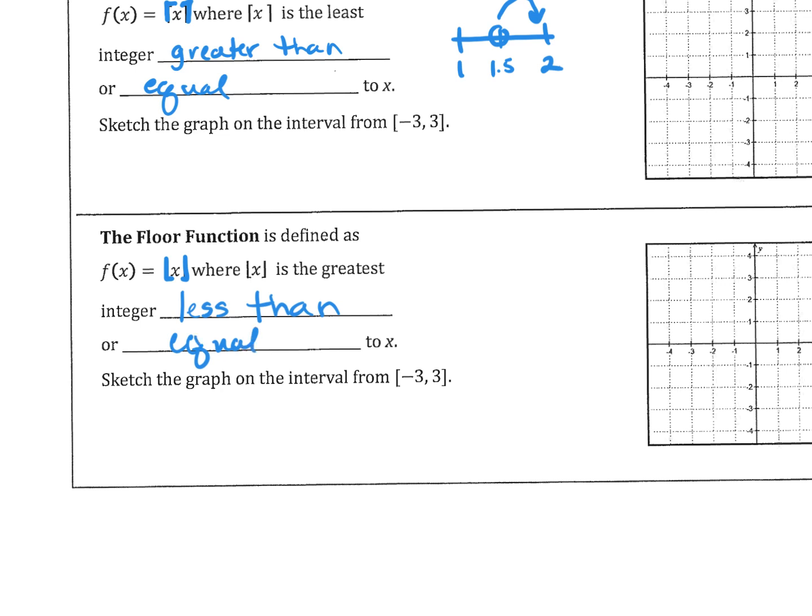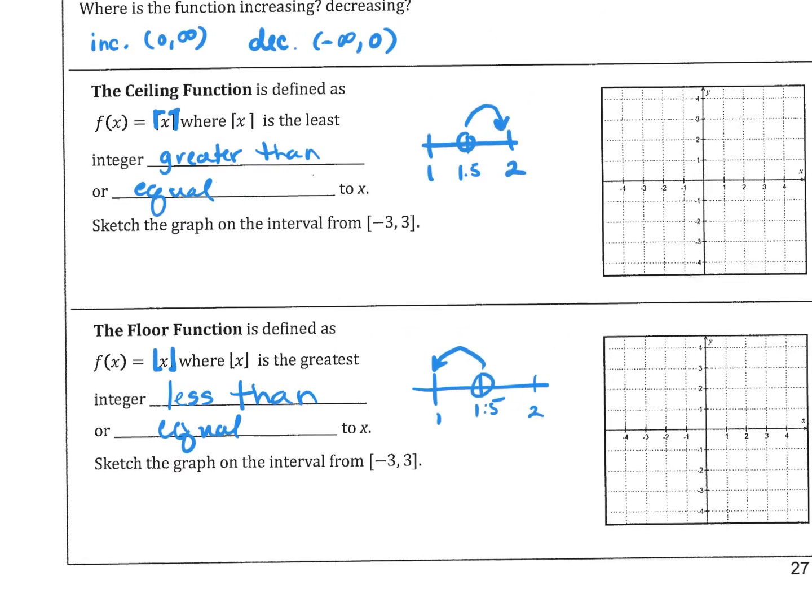So less than or equal to means that if we're doing the same thing, we're at 1, 1.5, 2, and we're looking right here. What is this one going to jump to? Yeah. Ceiling jumps up to the next integer, floor jumps down. So 1.5 this time will go to 1.